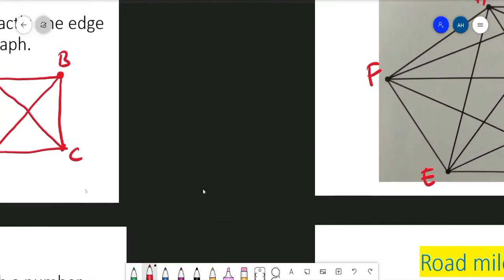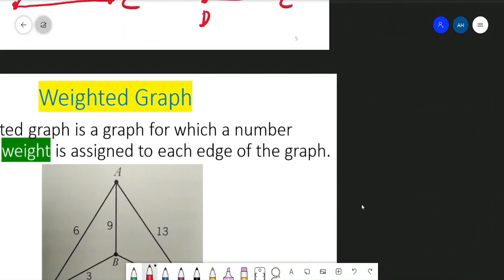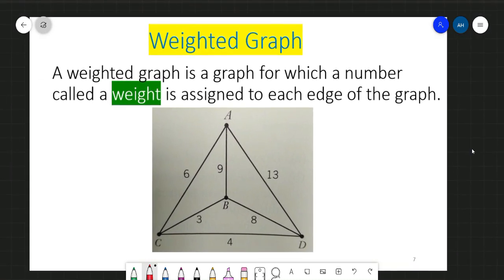All right, now let's continue with another definition that we call a weighted graph. This is the definition of it. A weighted graph is a graph for which a number called a weight is assigned to each edge of the graph.